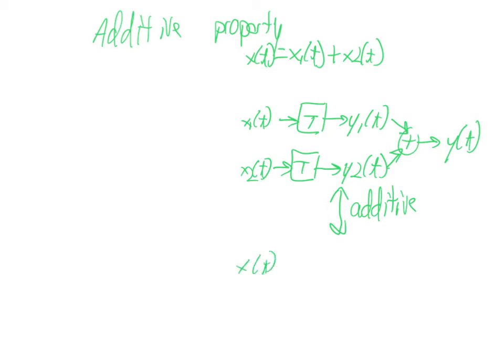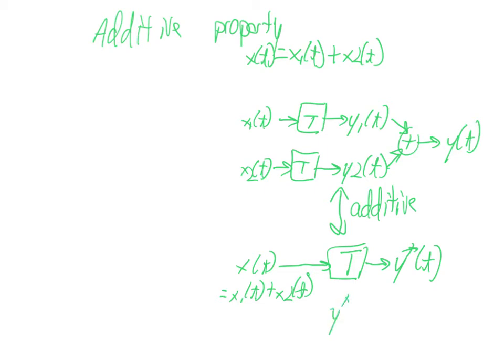So I have x of t, which equals x1 of t plus x2 of t, and then I ran that into one copy of the system T, and I'm going to get another output. I'm going to call this y star of t, because I have a different path to get y above, so I don't want to give it the same name. And if y star is equal to y, then the system has the additive property. If those two signals are not equal, then that system T is not additive.